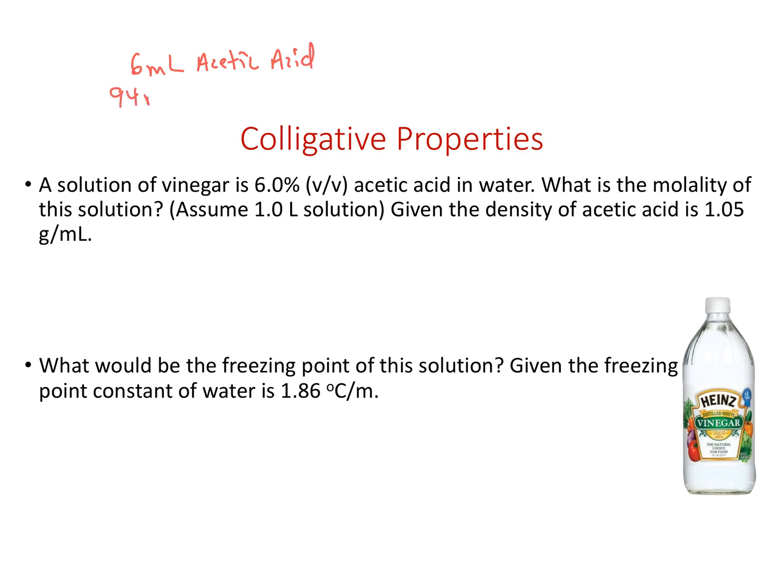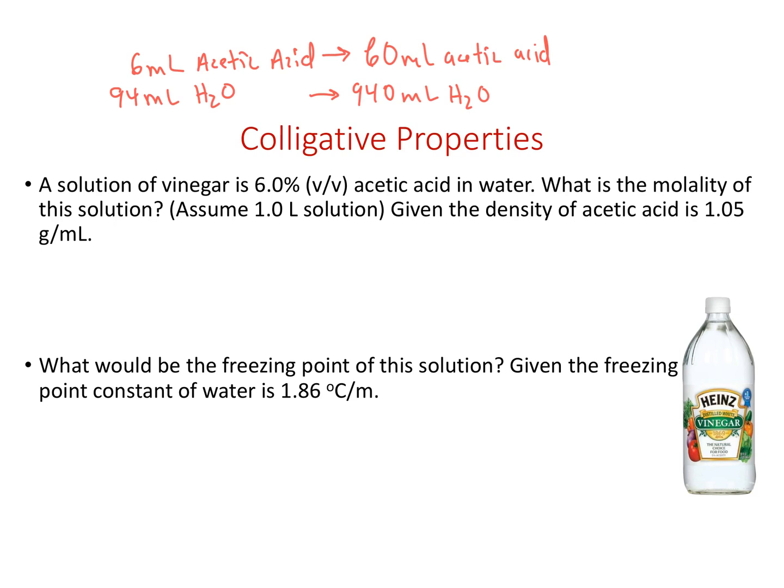So that means we have 94 milliliters of water. If we magnify that over the entire 1 liter solution, multiply both of those by 10, I have 60 milliliters of acetic acid in approximately 940 milliliters of water.